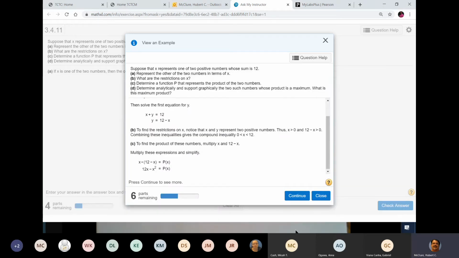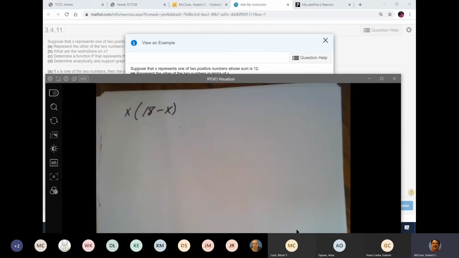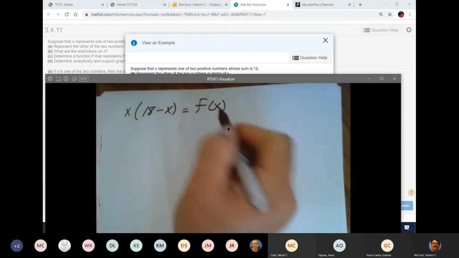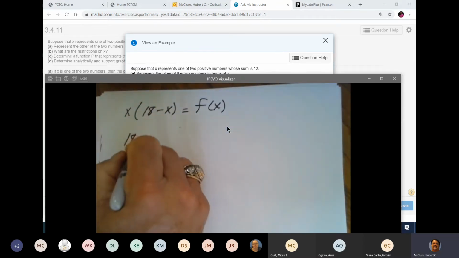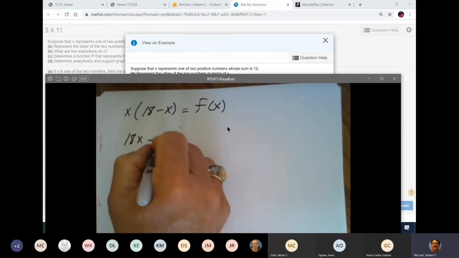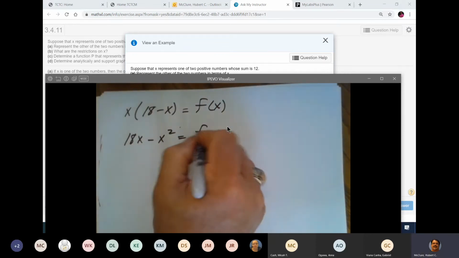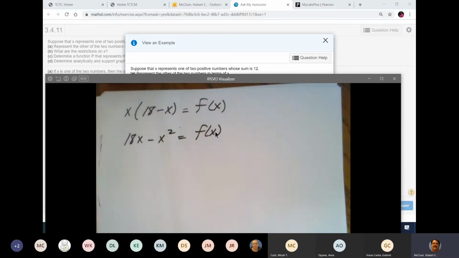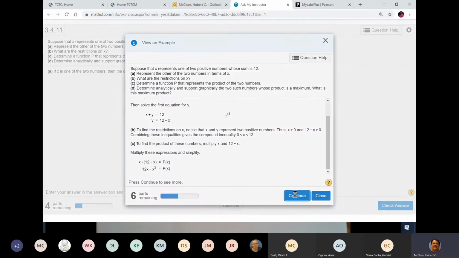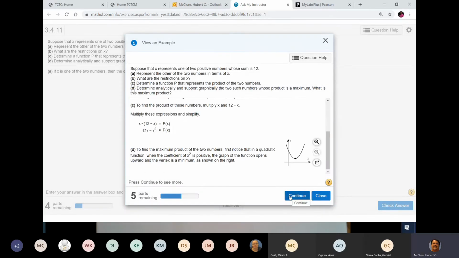P of x equals f of x. And that's going to be 18x minus x squared is equal to f of x. And draw a picture of it. And there's the vertex.